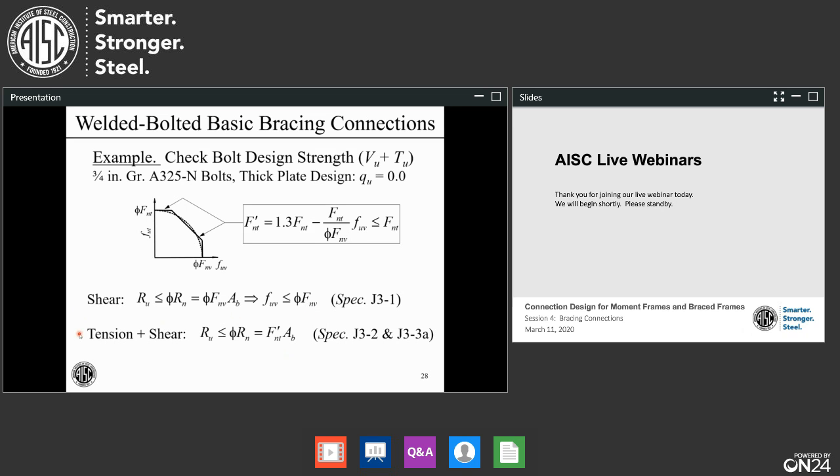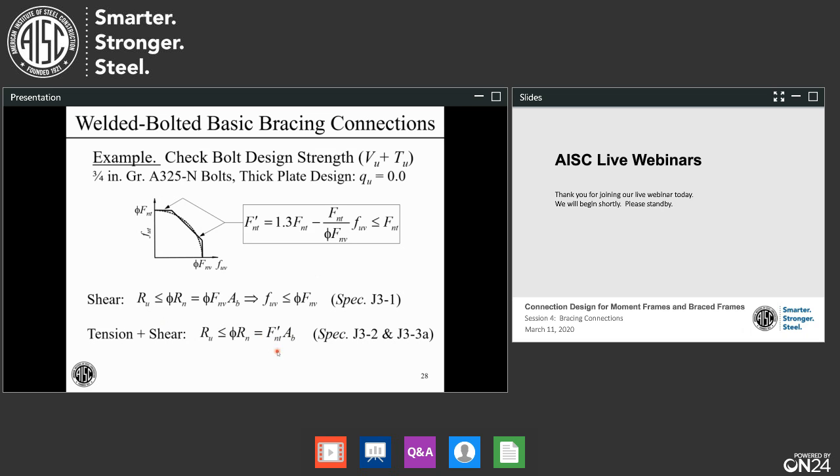Also, we need to check the bolts for tension in the presence of shear. If you have enough shear on the bolt, that's going to reduce its strength in tension. So it's tension in the presence of shear. Our criterion for this is R sub u can't exceed phi R n. Phi R n is phi times F sub n t primed times the area of the bolt.